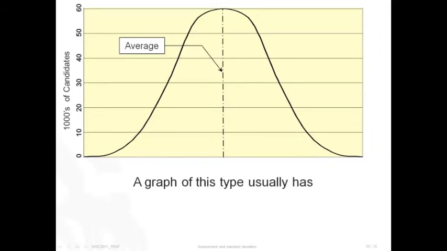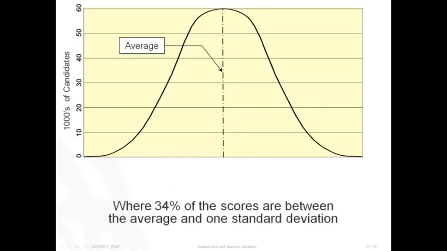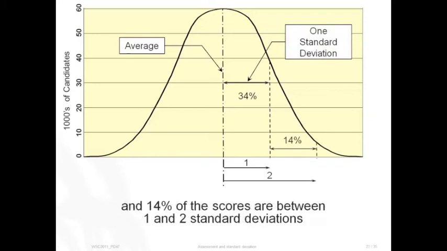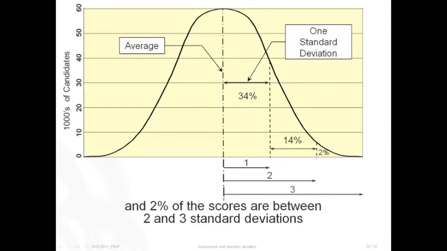A graph of this type usually has a normal distribution, where 34% of the scores are between the average and one standard deviation, and 14% of the scores are between 1 and 2 standard deviations, and 2% of the scores are between 2 and 3 standard deviations.